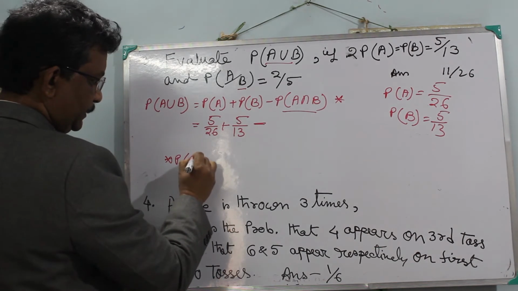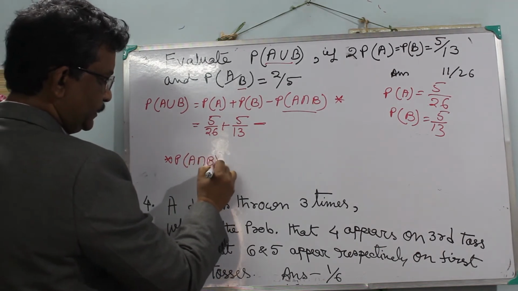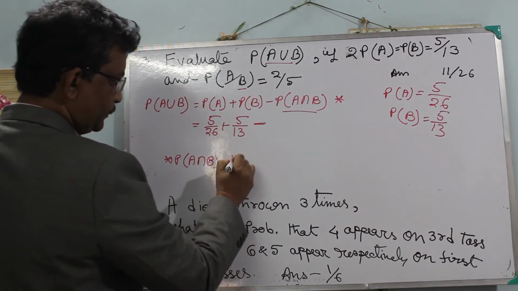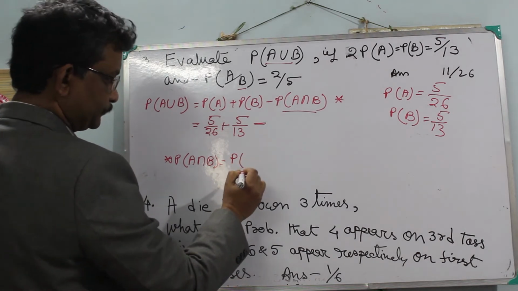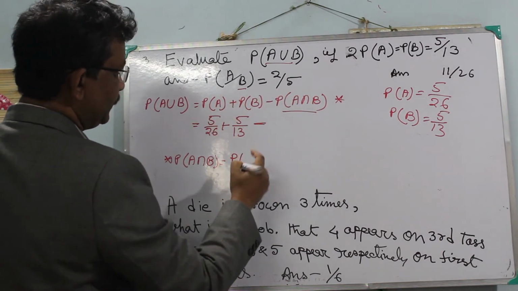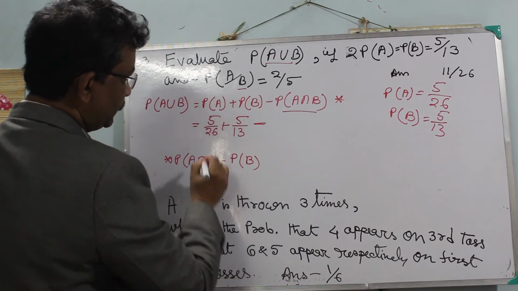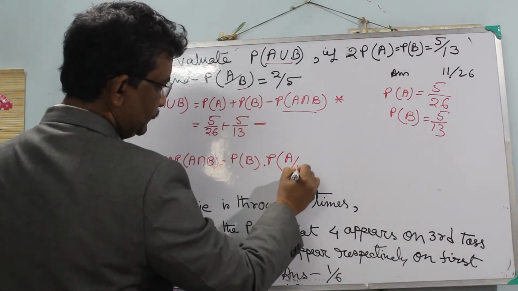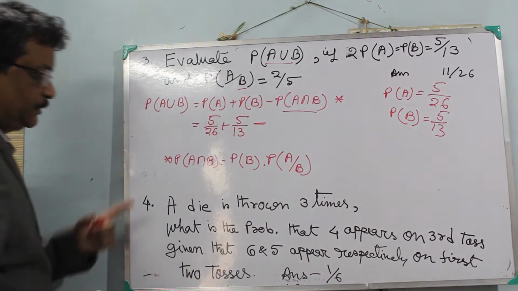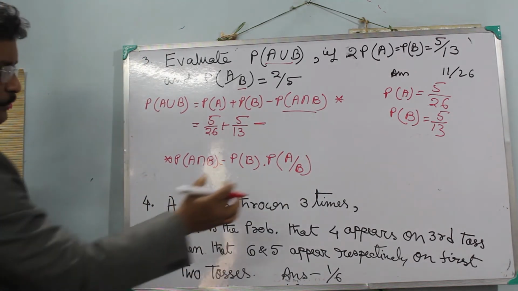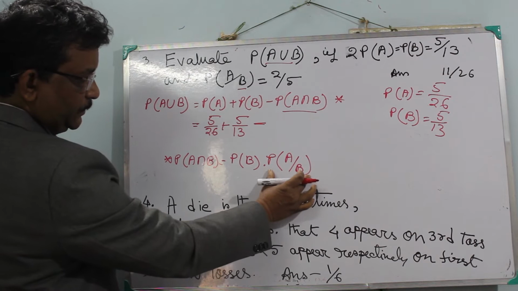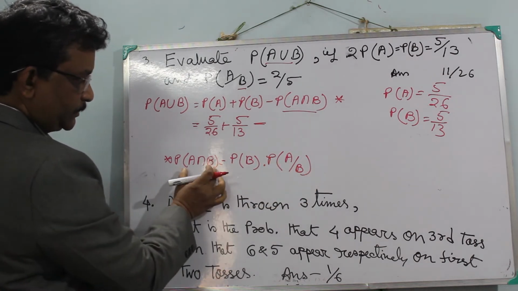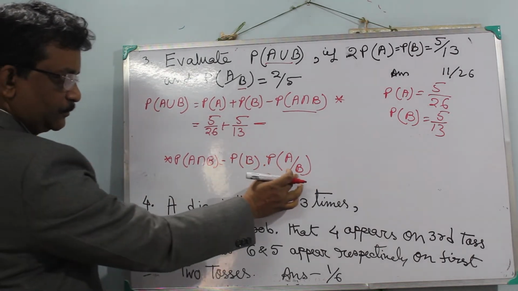Probability of A intersection B can be calculated as probability of B into probability of A given B, because probability of A given B equals probability of A intersection B divided by probability of B, because B has occurred.